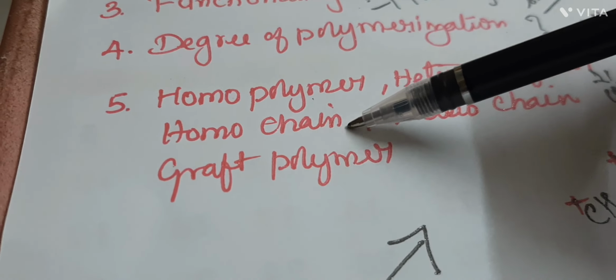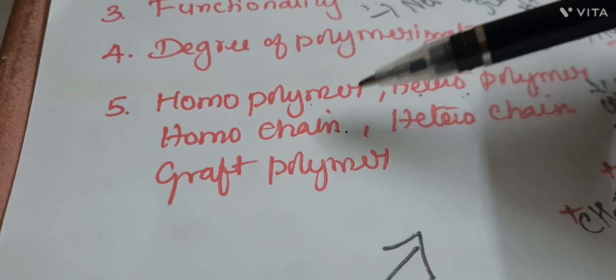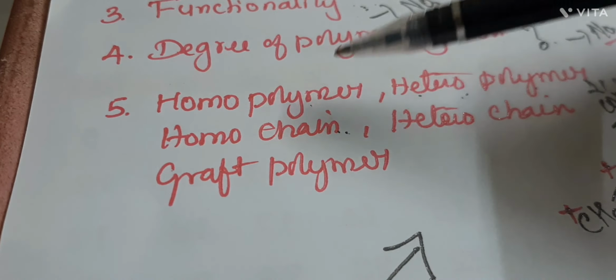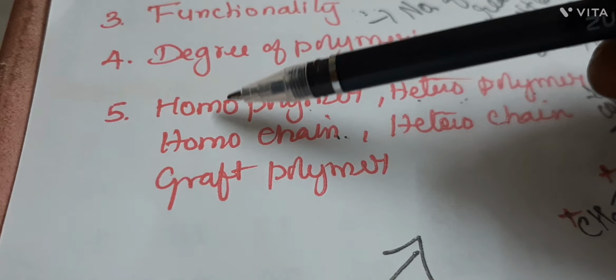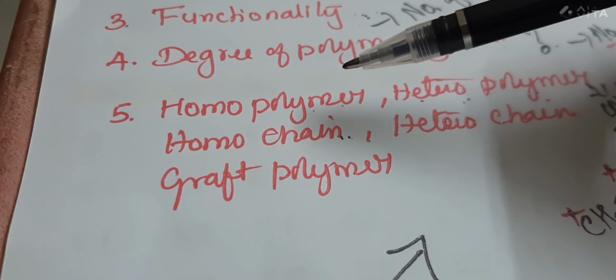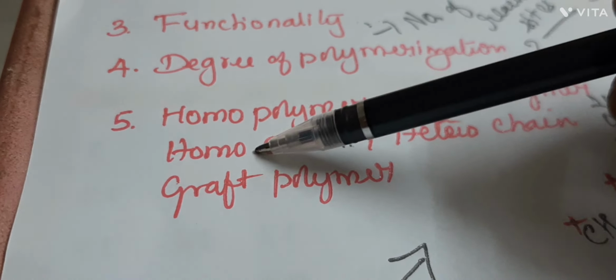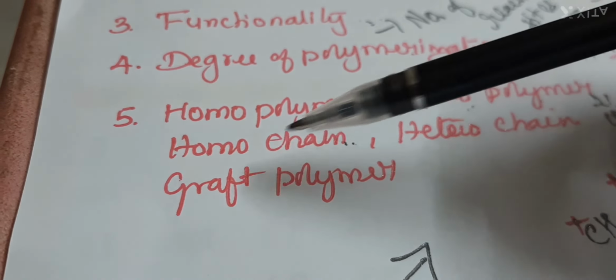Then homochain. Homochain means the main chain consists of only carbon atoms. Most of the homopolymers may be homochain also.